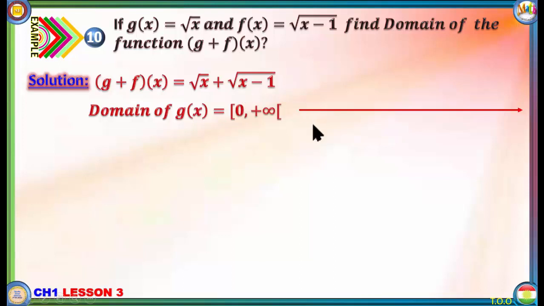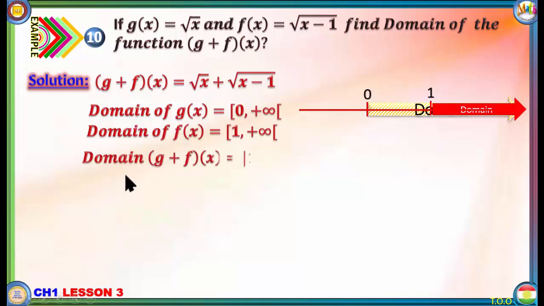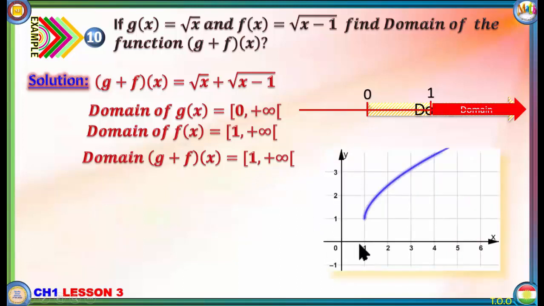And now the first domain is from 0 to positive infinity, and the domain of f(x) is from 1 to positive infinity. The intersection of these two intervals is the domain of g plus f(x), which is from 1 to positive infinity. Domain is from 1 to positive infinity.